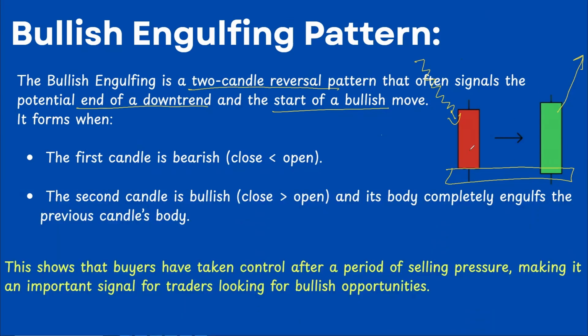The condition for a bullish engulfing pattern is that the first candle should be a red candle and the second candle should be a green candle whose body completely engulfs the previous candle's body. Meaning to say, the body length of this green candle must be greater than the body length of this red candle. With this condition, you can now easily identify the bullish engulfing pattern.